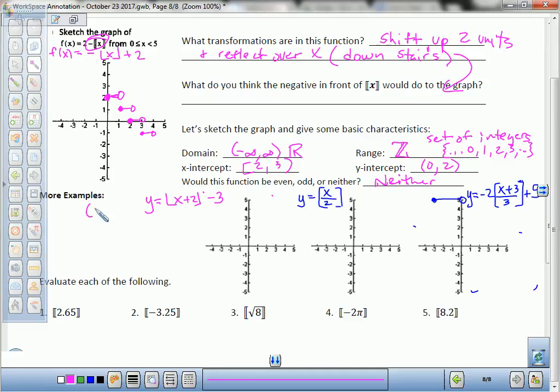So my translation point is -2, -3. That's where I'm going to start with my barbell. So solid right here. And then we go over 1 unit, open. And then I jump up 1 because it's positive. Solid over to open. Jump up 1, solid over to open, and so on.